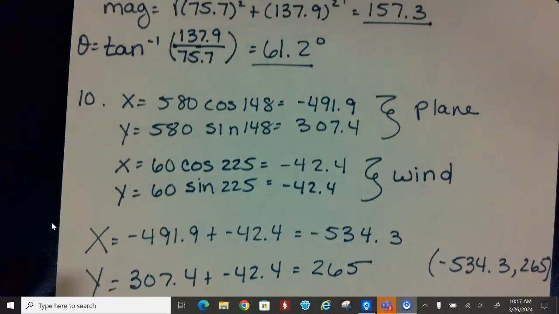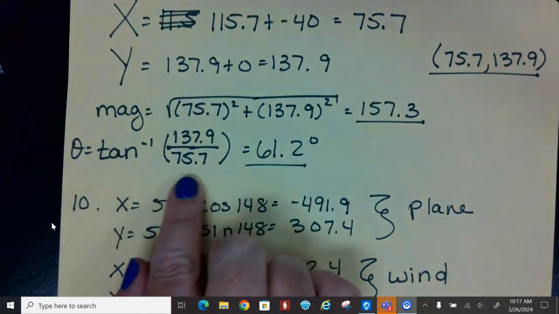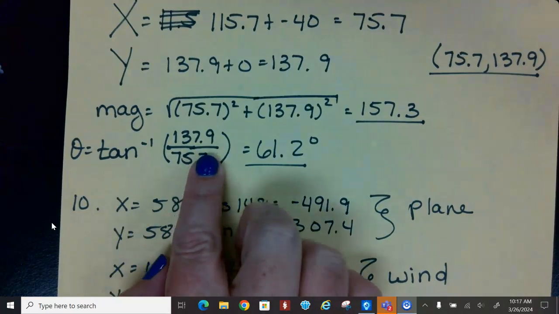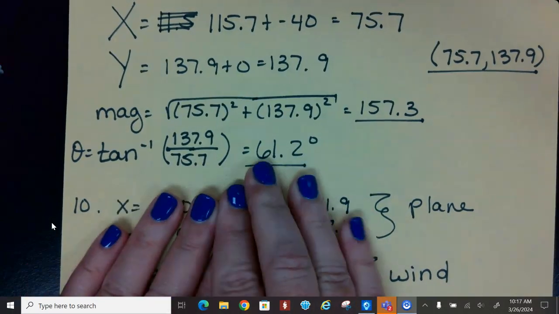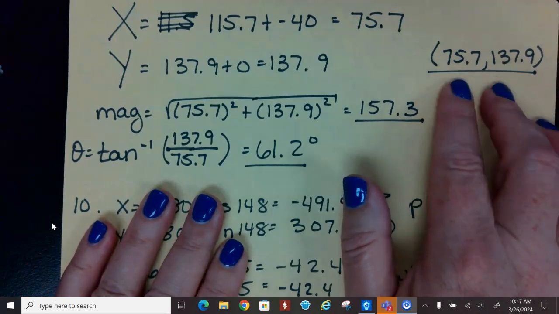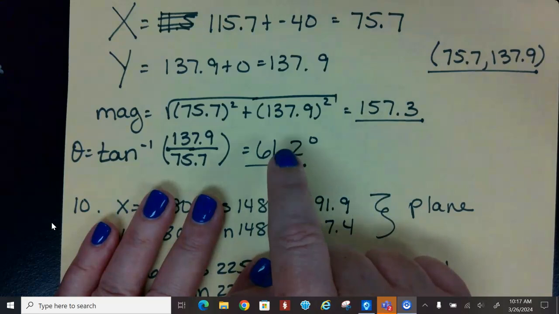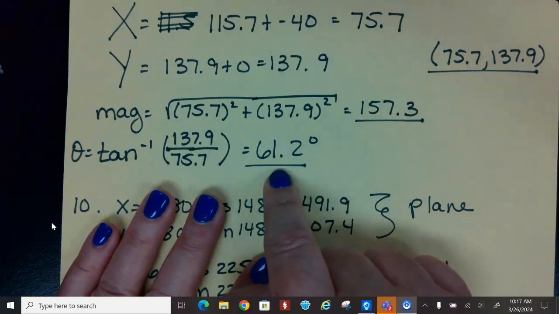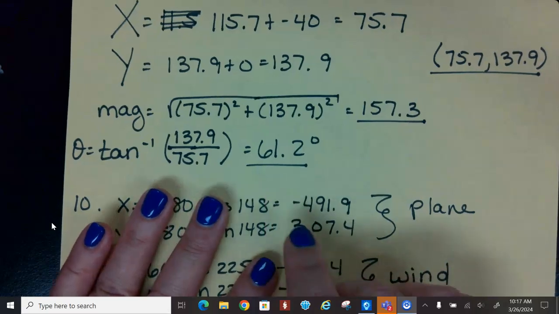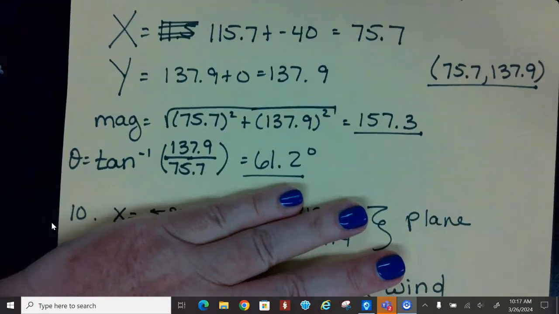Hey guys, so here we go. When we take the inverse tangent, remember y over x, we don't have to add anything because we're in quadrant 1. So we are good, we don't have to add anything, so the answer is 61.2. I will see you in the next video and I'll repeat number 10. Bye guys.